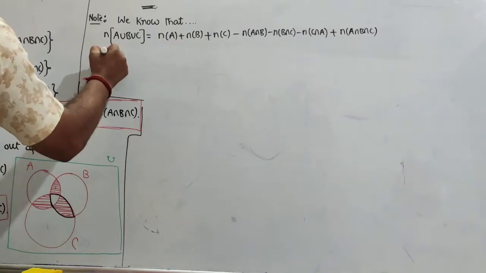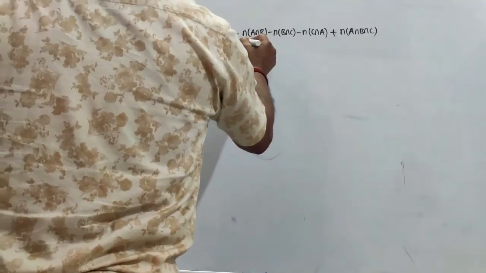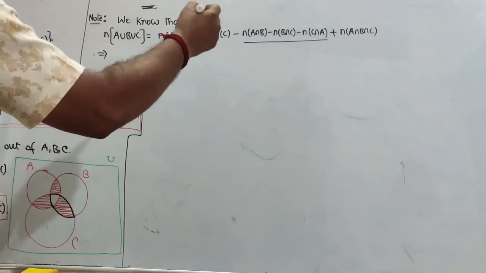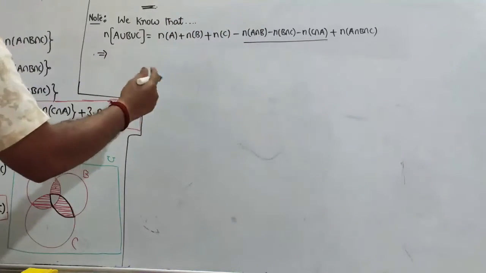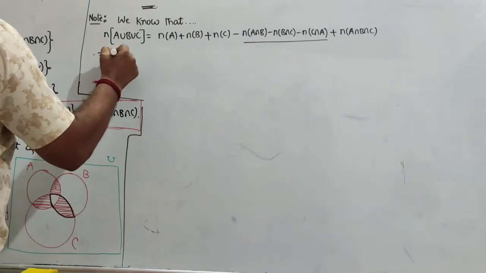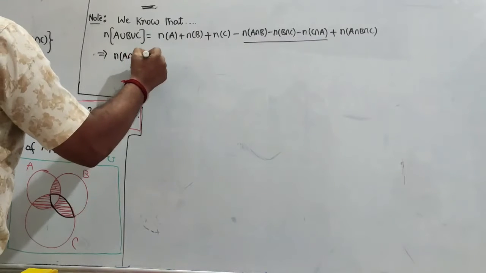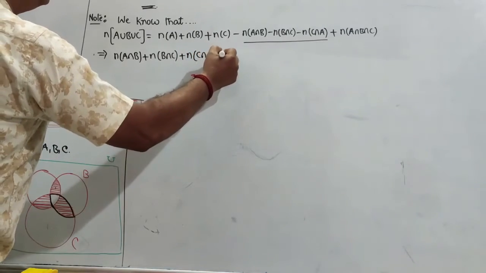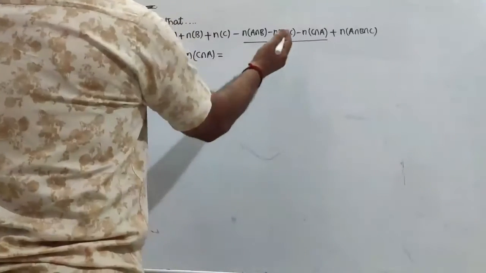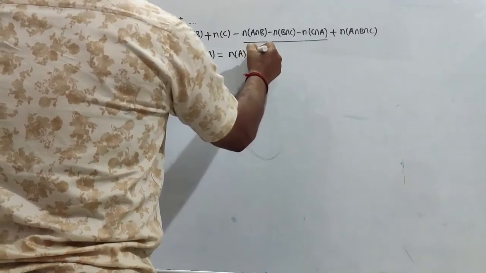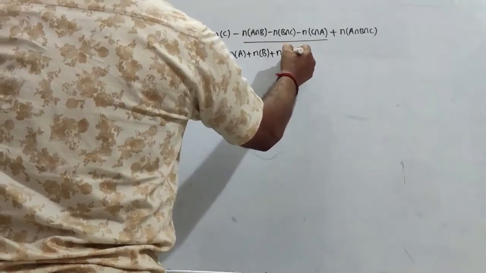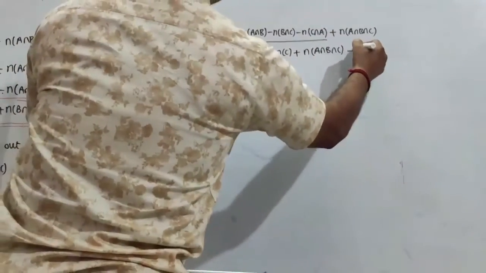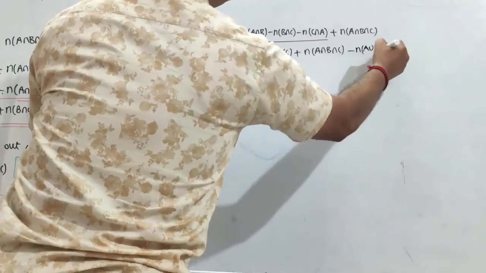So from this equation, let us express n of A intersection B, n of B intersection C, n of C intersection A as the subject. Taking this value to the left hand side, n of A intersection B plus n of B intersection C plus n of C intersection A is equal to n of A plus n of B plus n of C plus n of A intersection B intersection C minus n of A union B union C.